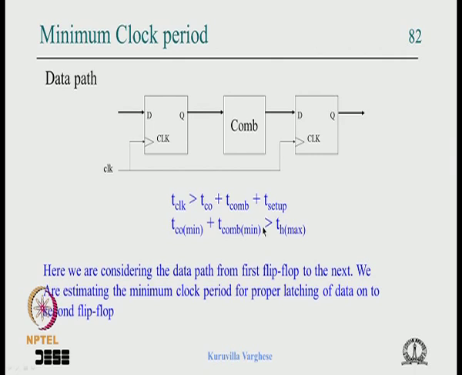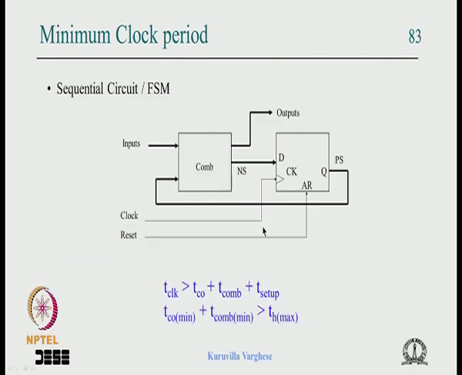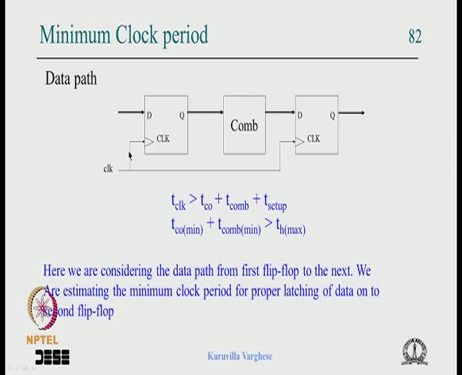Same thing with the sequential circuit or FSM, where the register to register path is between the state registers. Expressions are the same because if you show it explicitly, separating the source and destination, it exactly looks like this.